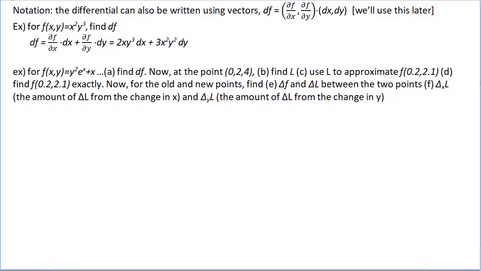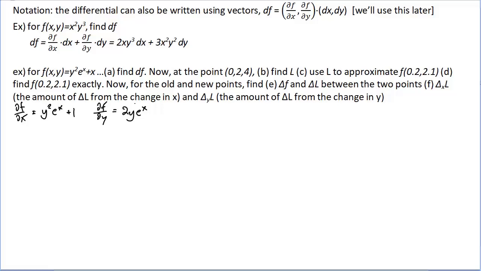So first of all, we have that df equals, so first we need to find partial df dx. Actually we're going to need partial df dx quite a lot in this problem, so let's just write that down on the side. So df dx is just y squared e to the x plus 1, and then df dy equals 2y e to the x, plus x, it looks like a constant, so the derivative is 0.